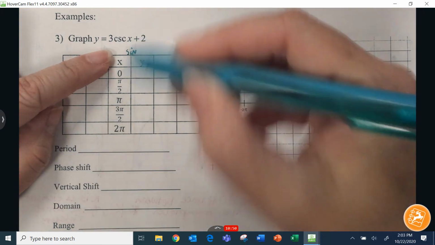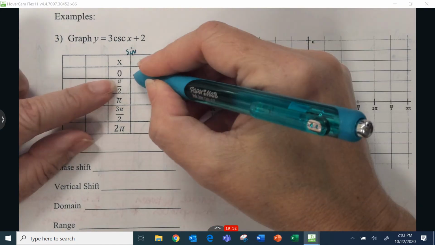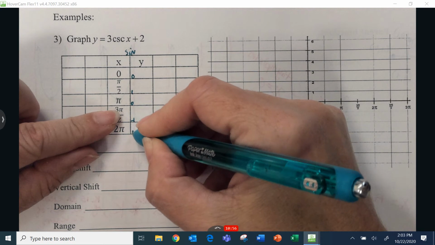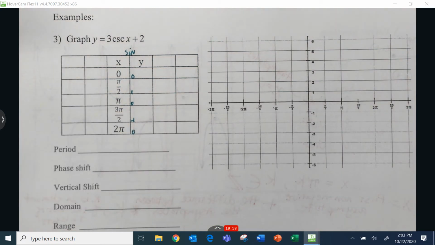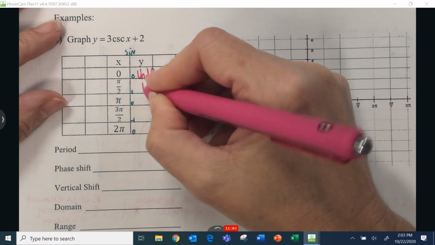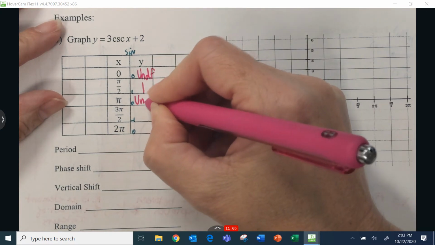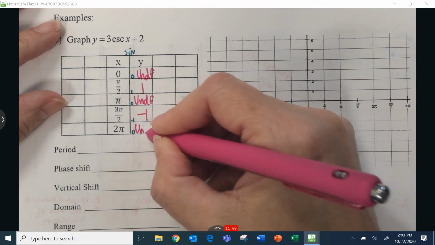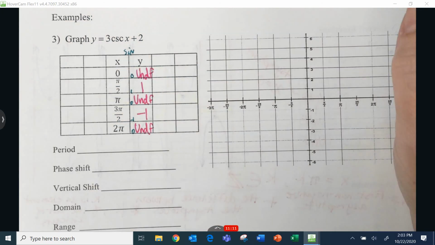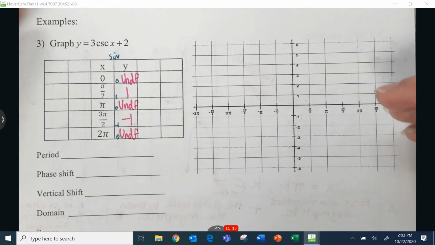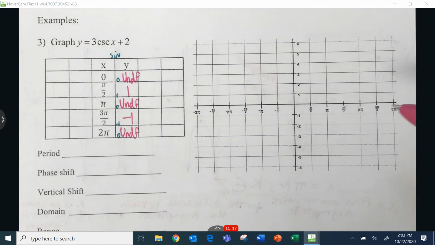And then I actually write down the sine values right in the corner here, just so I remember them. And then I reciprocate them. The reason I do all that is so I don't have to memorize as much, because there's a lot to memorize, and so I'm having my brain concentrate on more important things, because I can figure this out on the spot.